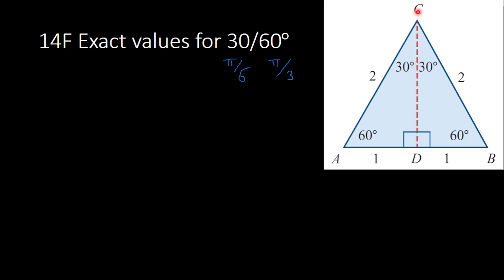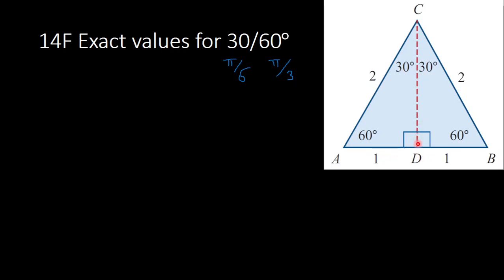If I draw a vertical line to create a right angle triangle, we end up with an angle here of 30 degrees, because 60 plus 30 is 90, and the base of that right angle triangle is going to be equal to 1.